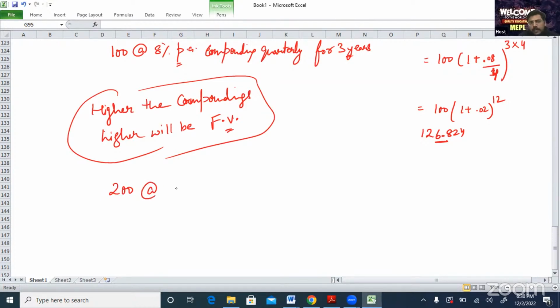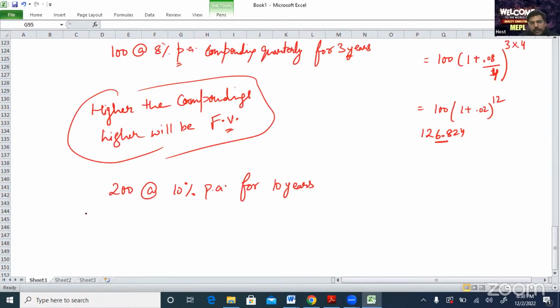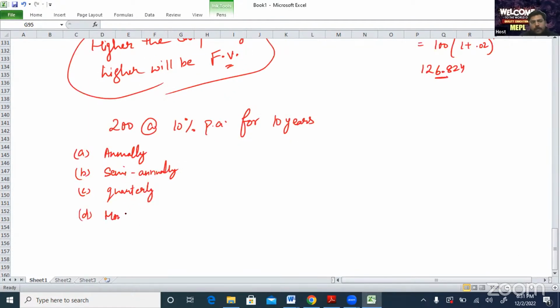If you invest 200 at 10% per annum for 10 years, and compounding in the first case is annually, then semi-annually, then quarterly, and then monthly.